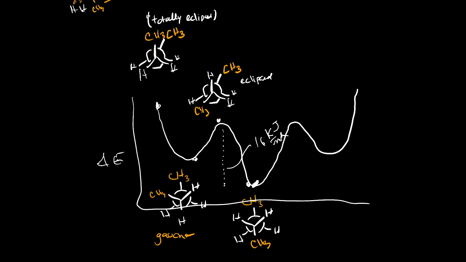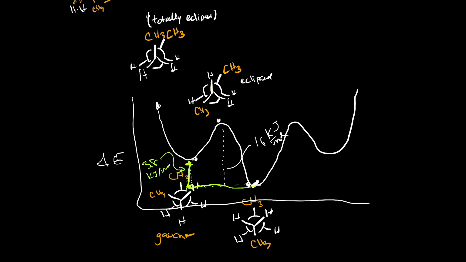All right, and then the difference, I've actually probably made it a little bit too pronounced here, but it's okay. Only trust numbers. That difference between here and here, that difference is 3.8 kilojoules per mole right here, okay?